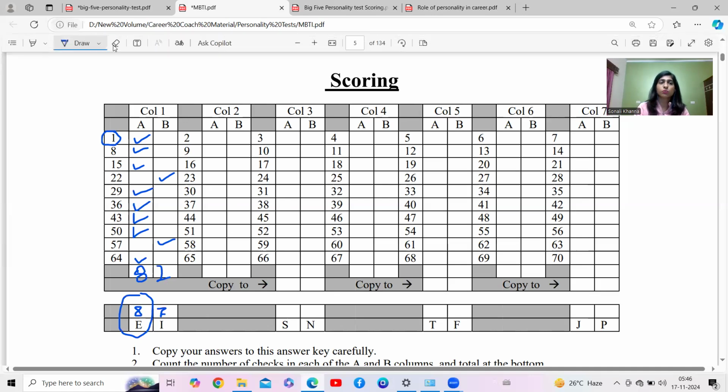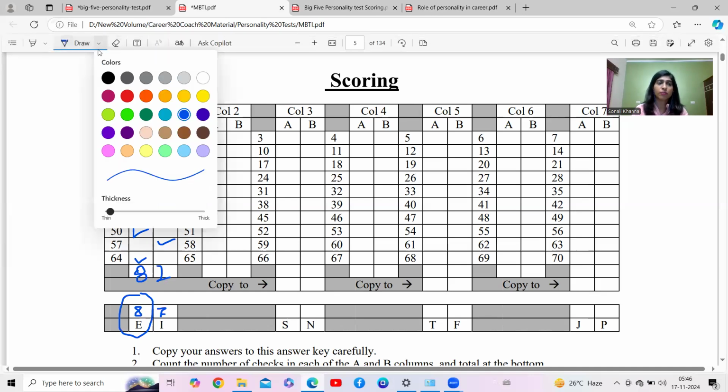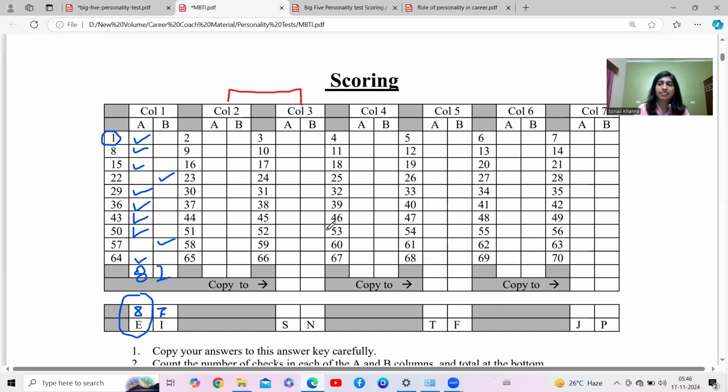Now in the second, let's do the same way. I just changed the color of the pen to make it more visible. Now columns 2 and 3 work for one dimension, that is sensing and intuition. So let's say my subject has put a tick on A, then on A, then on B, A again, on 37 it's B, A, and A again.